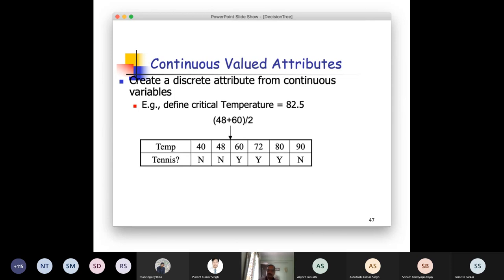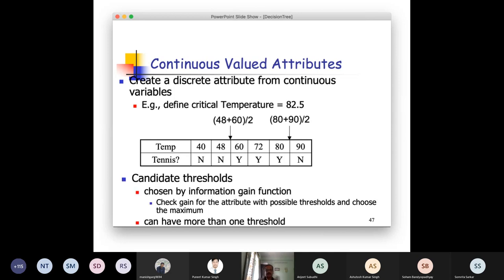Now choosing the proper intervals based on your training data, that is the question that you need to address here. So which one you should choose, by looking at the distributions you may choose. For example, you can choose these two such levels, and you can see that with respect to temperature, you will get three partitions which are pure partitions, at least.